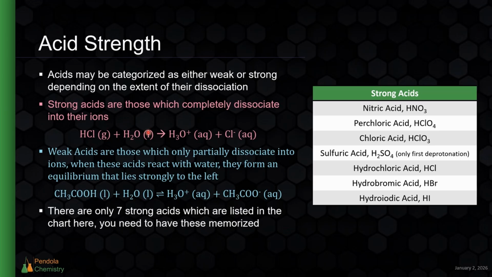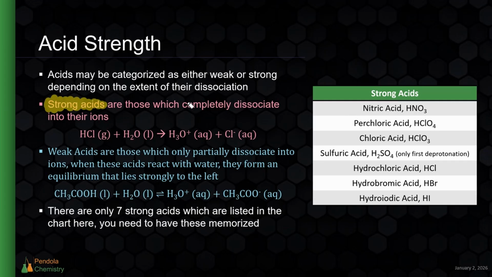There is no back and forth, there's no equilibrium. Every single one of the HCl molecules dissociates and becomes Cl-, making hydrochloric acid a strong acid, because we have complete dissociation. So strong acids are associated with complete dissociation when they're exposed to water.